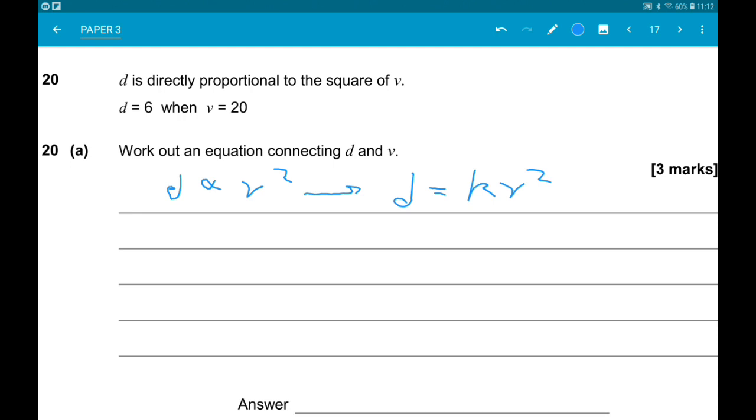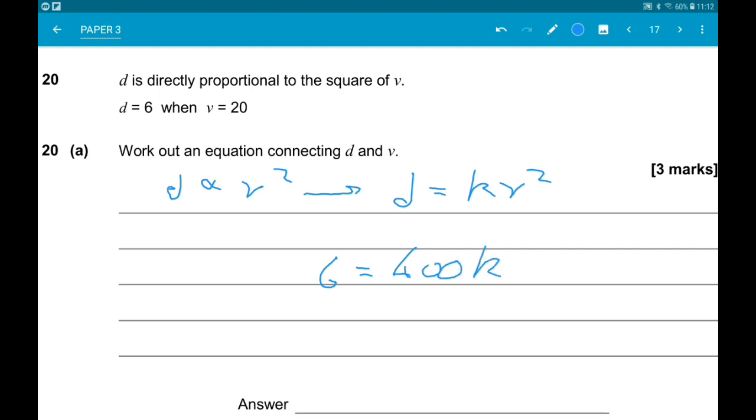Okay, so we need to find out the value of K. To do that, we substitute in the values. So we get 6 is equal to K times 20 squared, which is 400. So 6 is 400k.